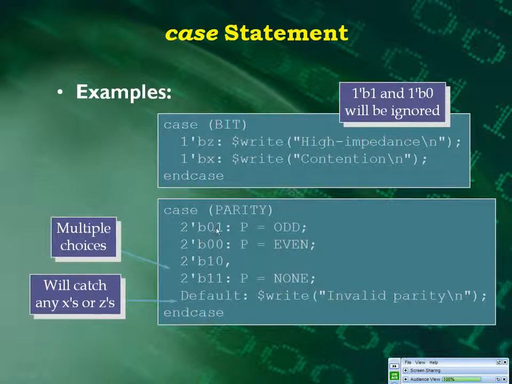So here's another example. Now in here we have parity, we'll say parity was 2 bits wide. Here are different values, and here we've included a default. I'm sorry, that should be lowercase. We should use lowercase for our keywords. I need to make a note of that. Or I should throw that in the lab, maybe so you'll get an error.